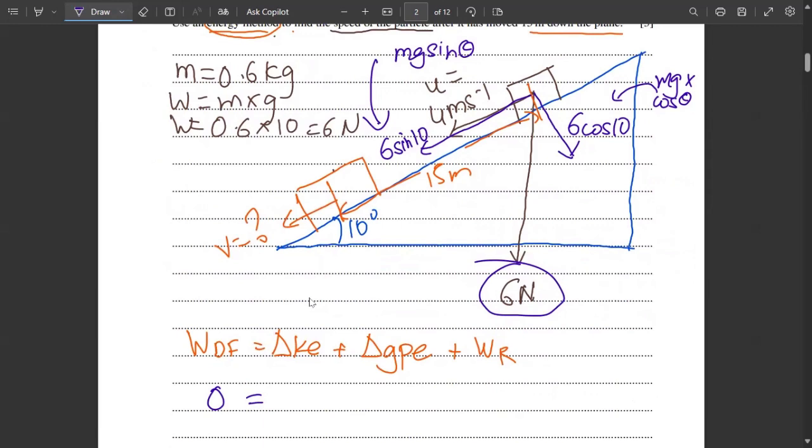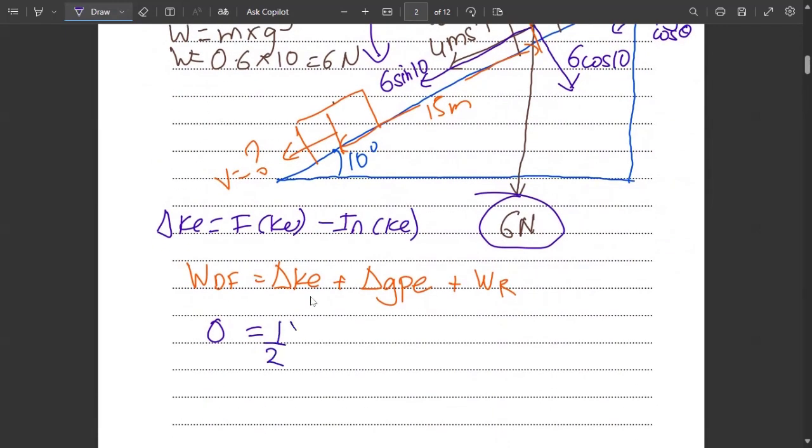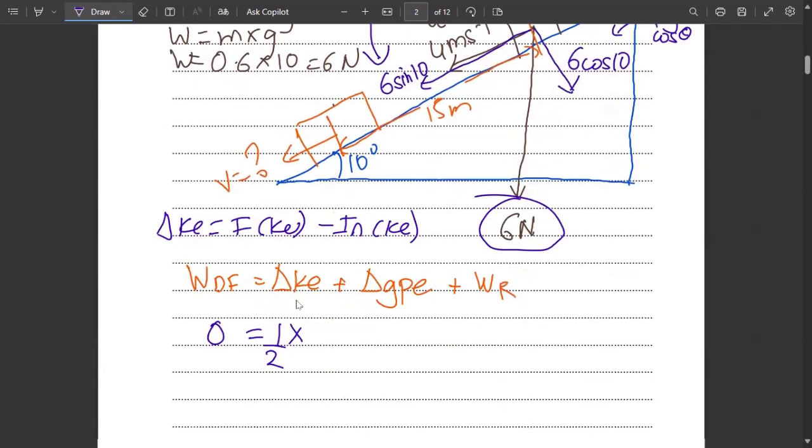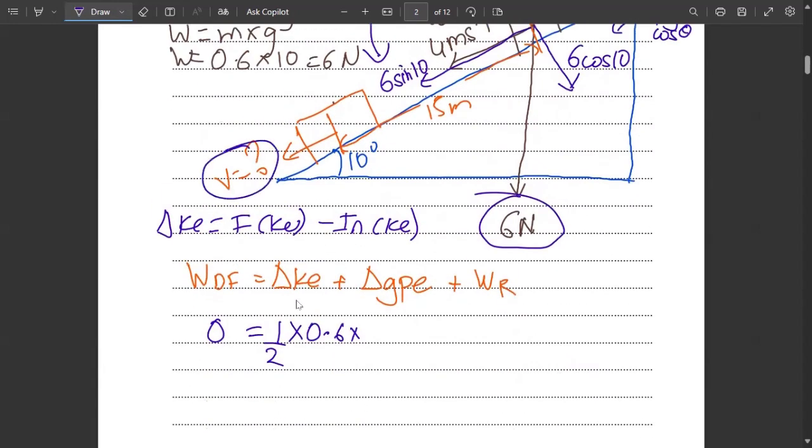Now delta kinetic energy. Delta KE equals final KE minus initial KE. Now what is the final KE? The final KE is half into the mass of this particle, 0.6, into v square. The formula for KE is half mv squared.